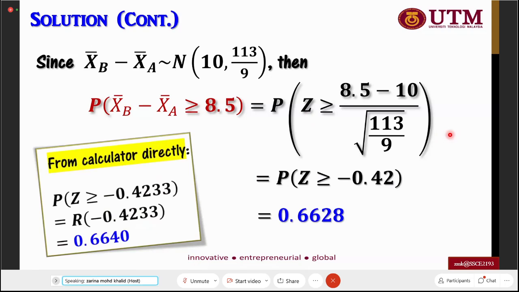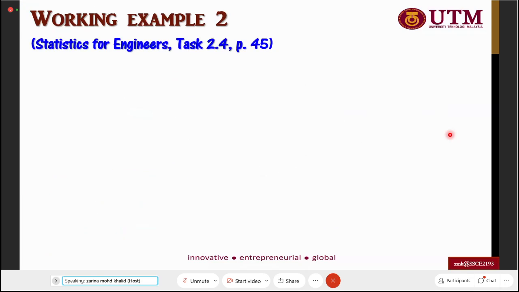Before we leave this topic and have a break, we have another example here. This is sampling from Poisson distributions. Again, Poisson is not normal, so you need to look at the sample size.